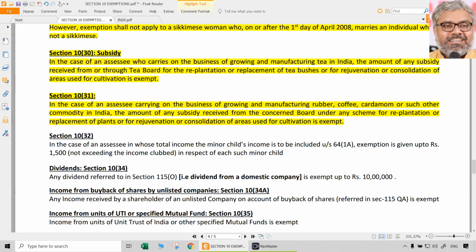So simply speaking, 10(30) and 10(31) both are related to those assessees who are in general agricultural activity, but still they might have certain subsidy received from their respective boards, the Tea Board, Coffee Board, Rubber Board, Cardamom Board or Coir Board, like that. If they received any subsidy from those respective government departments, that subsidy shall be exempt.